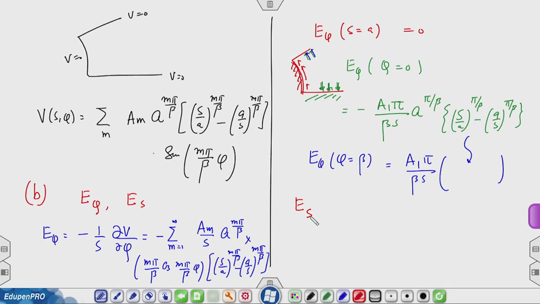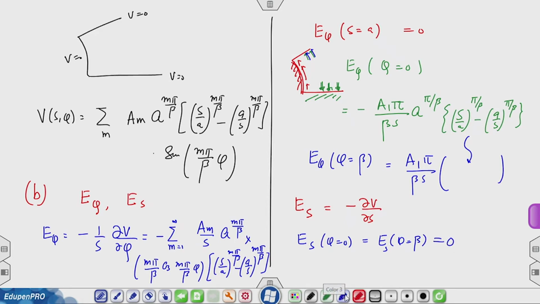E s is going to be equal to minus dV ds, and when you do your calculation and keep the lowest term, you get E s at phi equals 0 and E s at phi equals beta to be equal to 0.